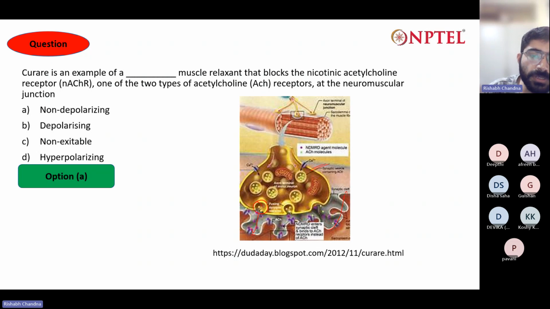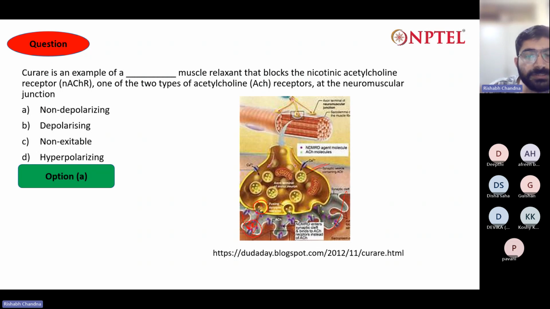Now, what will happen if we have this agent? Suppose, for example, curare. Here it will bind. It is the competitive inhibitor of acetylcholine. So it will bind and it will not allow acetylcholine to bind, and it will stop its function. It will stop the depolarization of the membrane, which acetylcholine does.